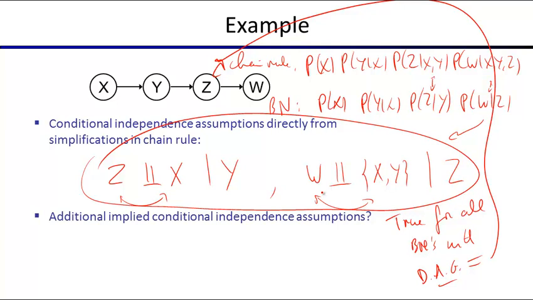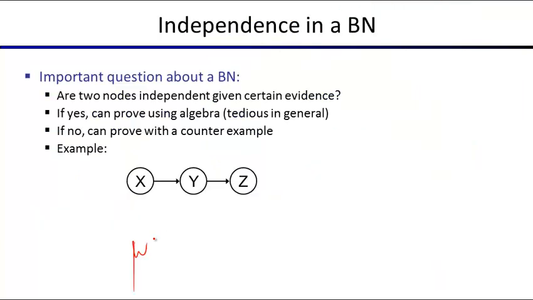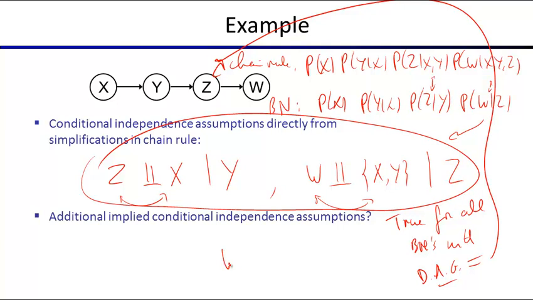Not sure. Can you say something of the form X and Z given Y? I'm going to claim that's not guaranteed to be true. If somebody gave me a distribution that was defined for this graph, then very likely this will not be true.